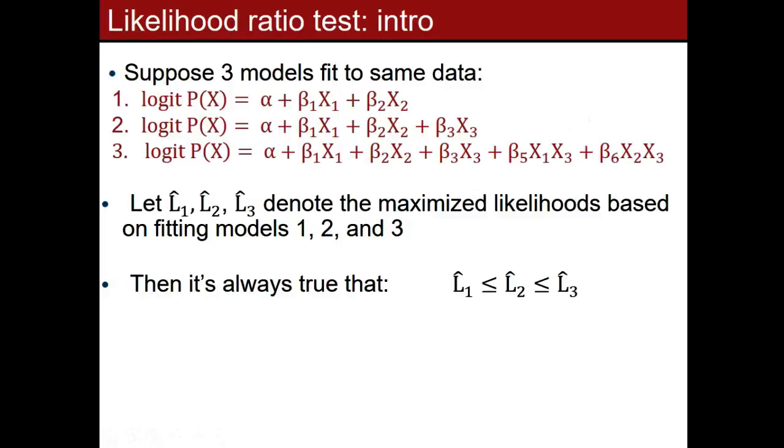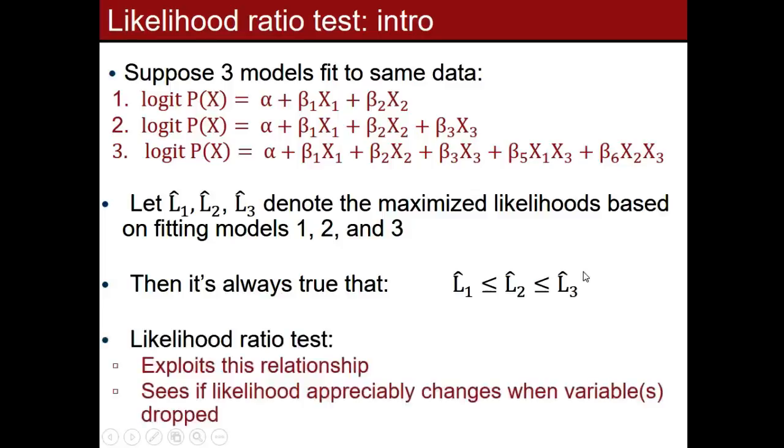If you do this, the likelihood, that quantity that represents the probability distribution of all your data, keeps getting bigger. The more you throw in the model, this likelihood keeps increasing, so the smallest likelihood is always from the model with the least stuff in it, and as you add more stuff, the likelihood function increases. And there's this thing called the likelihood ratio test.